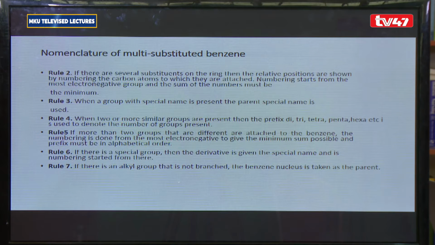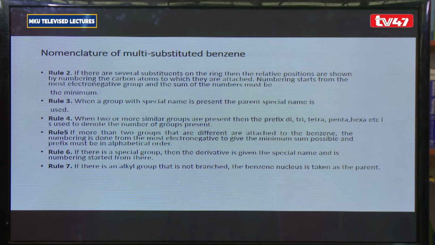Rule number 5: if more than 2 groups that are different are attached to the benzene ring, we have already talked about that one, that the preference is on the more electron donating group. But if we have related groups, for example, alkyl groups, we give preference according to the alphabetical order, but again, the longer, bigger substituent is usually given preference.